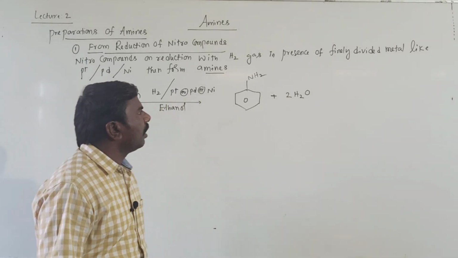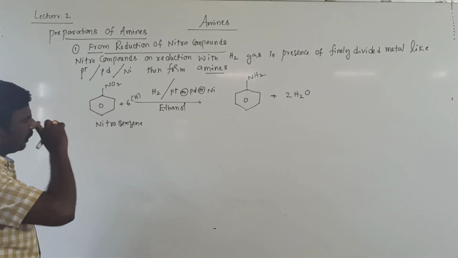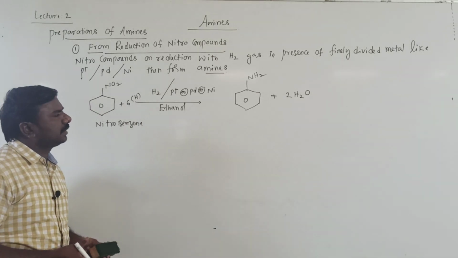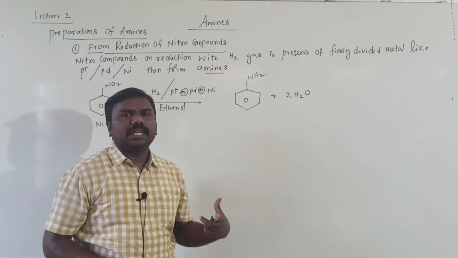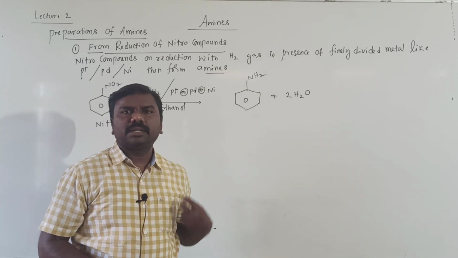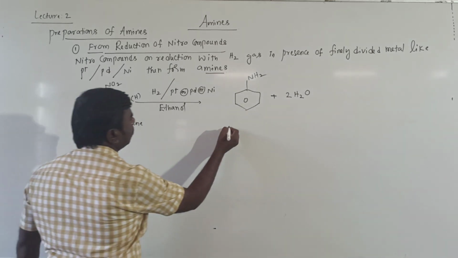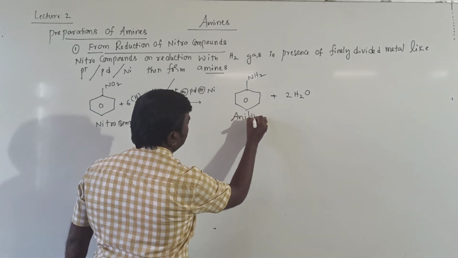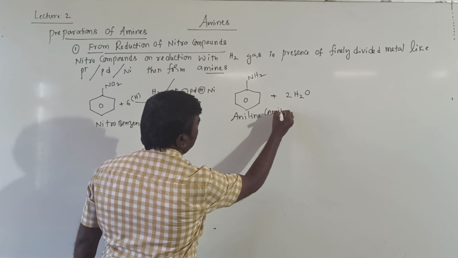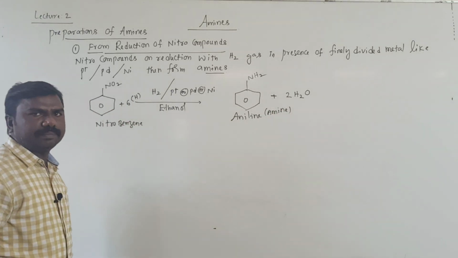Another preparation. Nitro compounds on reduction with a metal in presence of acid also form amines. This is aniline. Aniline is an amine, that is aromatic amine, primary amine.